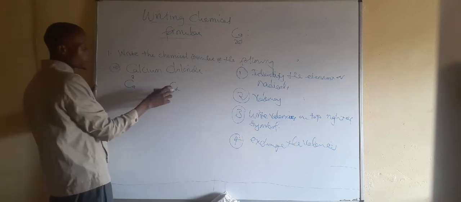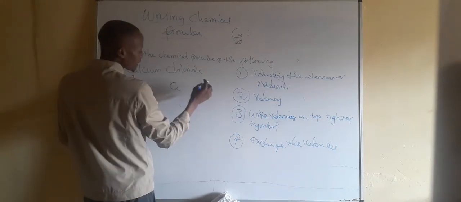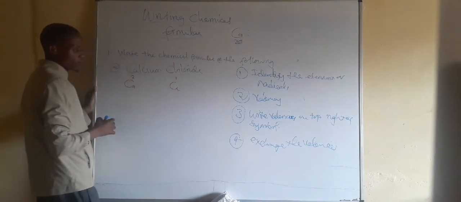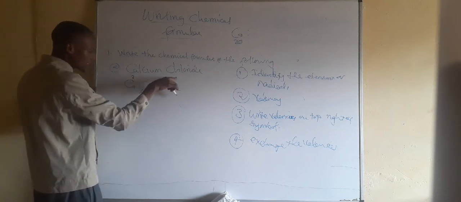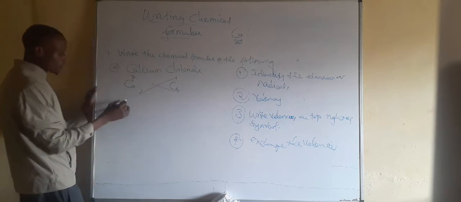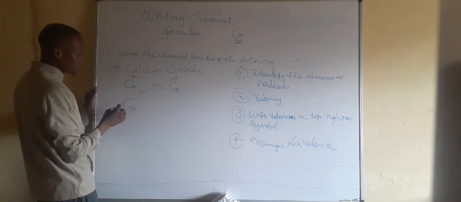We go to chlorine. What is the valence number of chlorine? Remember, I defined it somewhere there, which is 1. Chlorine has a valence number of 1. Now you need to exchange the valences. This one comes here, this 2 goes there. So this is calcium, Ca, with the 1 indicated like that in the first place.